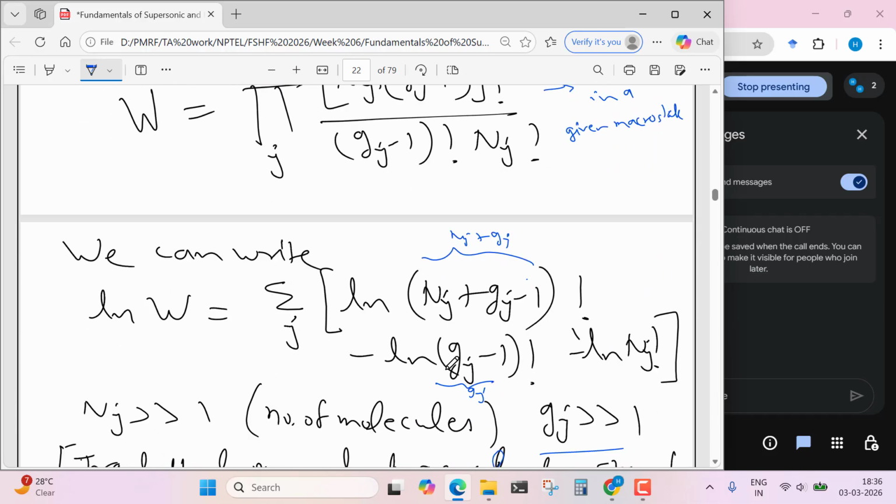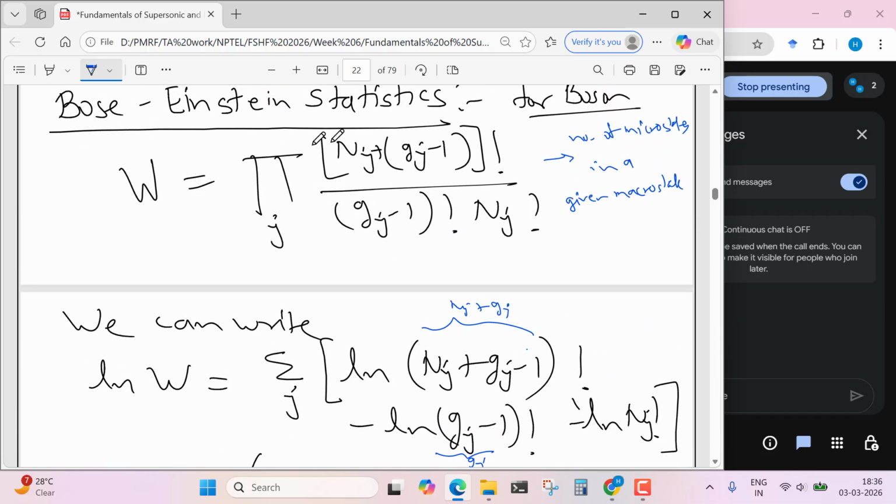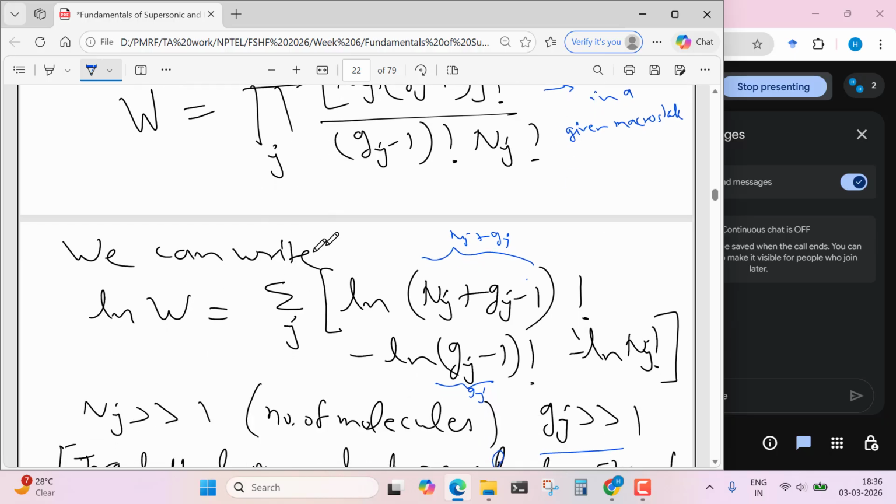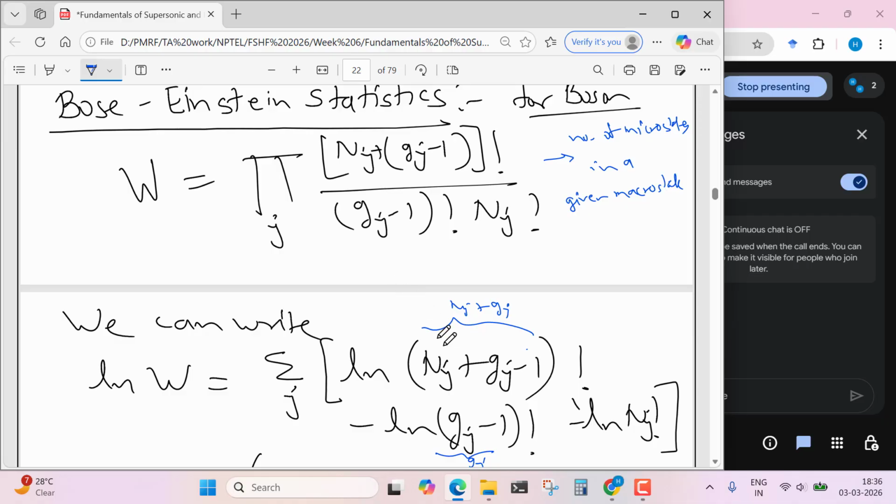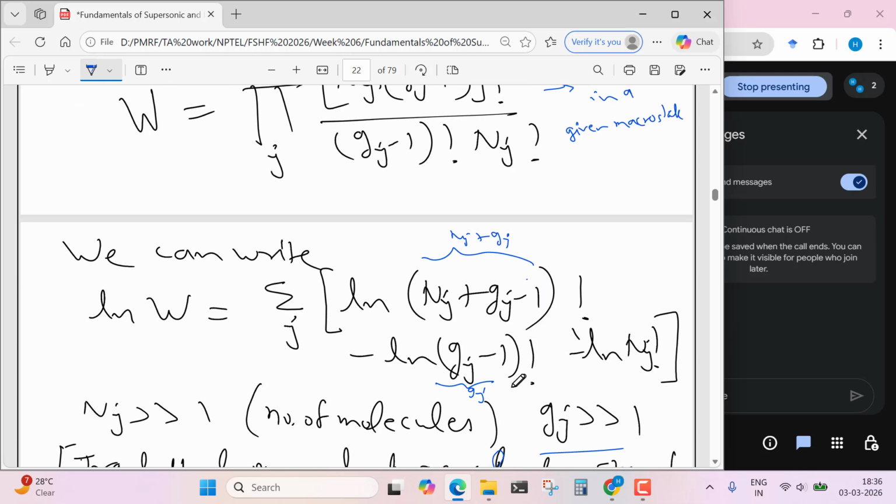Now we can take the log. You can see this is a product, so after taking the log, it will become a sum. So log W equal to sigma j log of Nj plus Gj minus 1 factorial minus log Gj minus 1 factorial minus log Nj factorial.